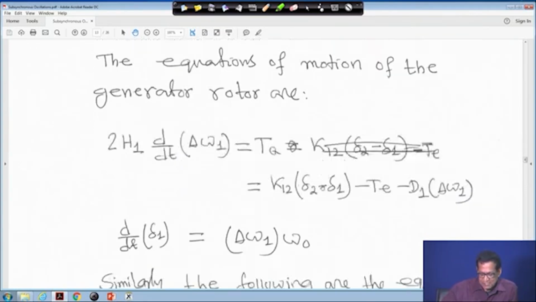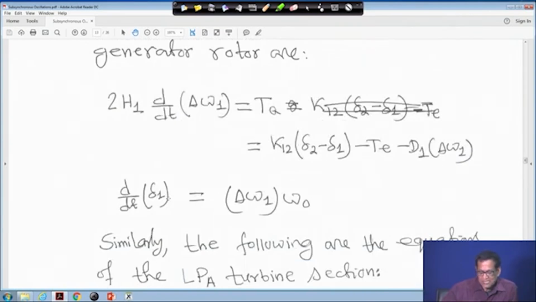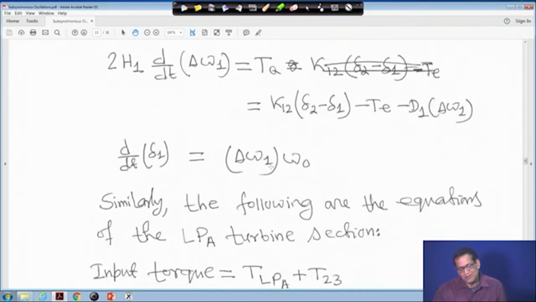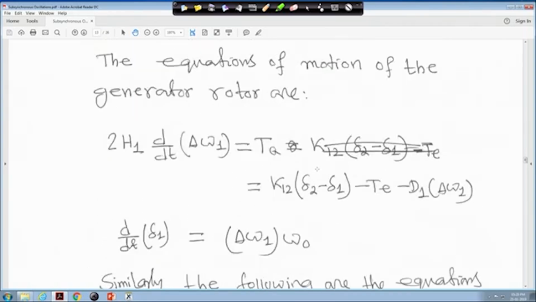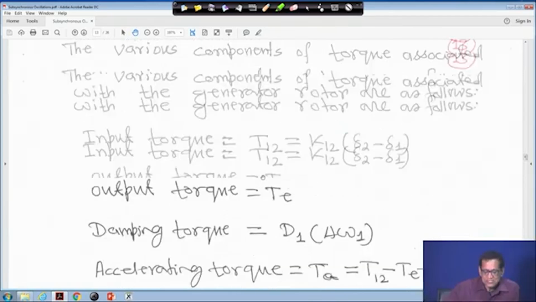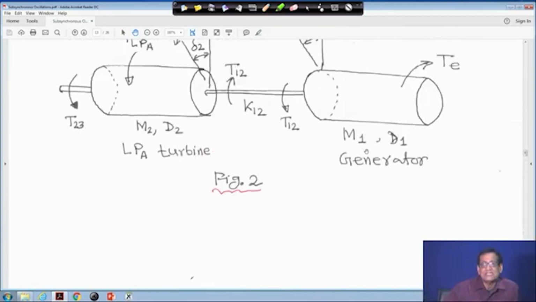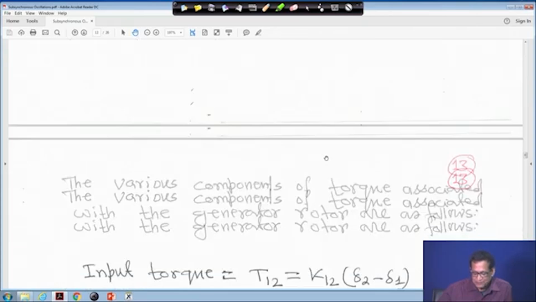Similarly, for d/dt of delta 1, we have already seen this equation before for the synchronous machine generator in the single machine infinite bus system. There we wrote d/dt of delta is equal to delta omega into omega 0, but here it is for generator section 1, that is why we write d/dt of delta 1 is equal to delta omega 1 into omega 0. This part is therefore for the generator.